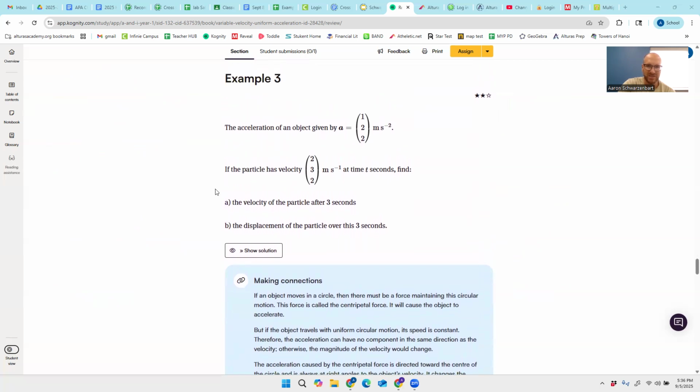Example 3. The acceleration of an object is given by (1, 2, 2) meters per second squared. It has a velocity of (2, 3, 2) meters per second at time t seconds. Find the velocity of the particle after 3 seconds.